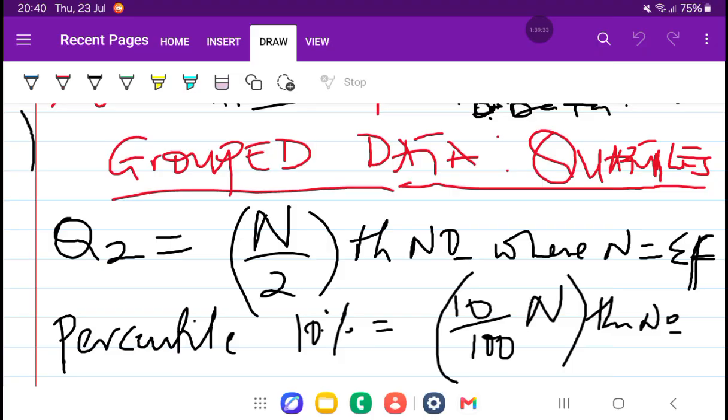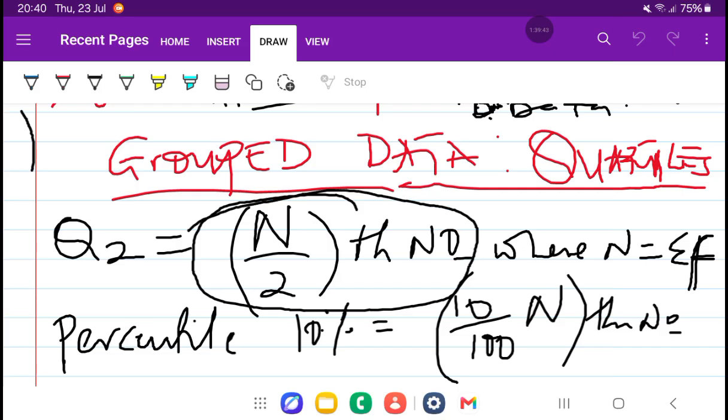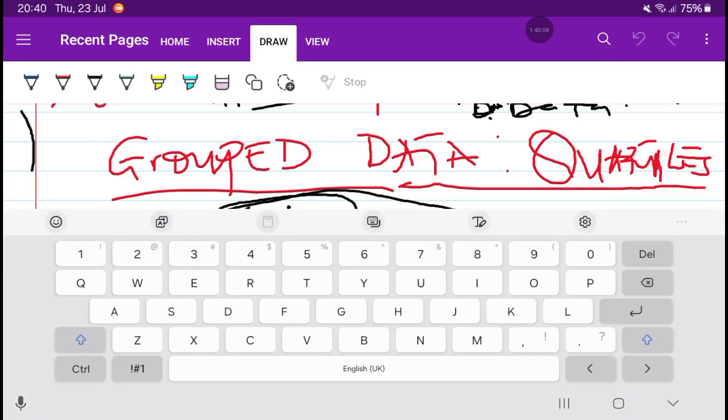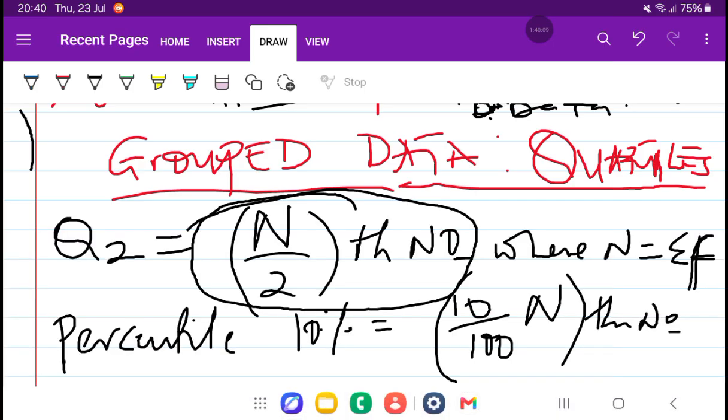But what is going to be different, I just want you to locate this digit here in the formula that we are going to use. This item is there, n over 2. We first get that one. The reason why we get that one first, because it is the one that is going to tell us the median class. I'm starting from Q2, not Q1, because I want us to start from the known, then we move to the unknown.